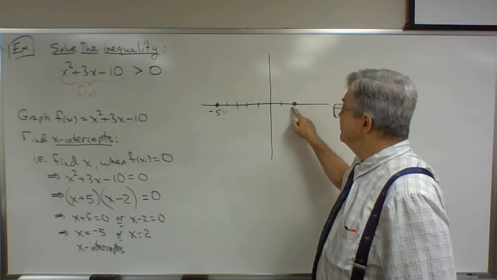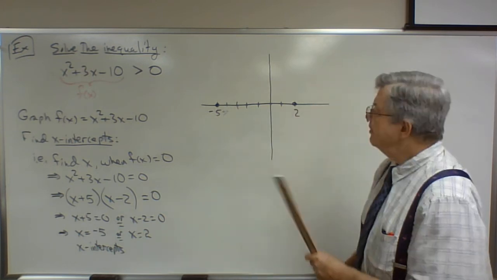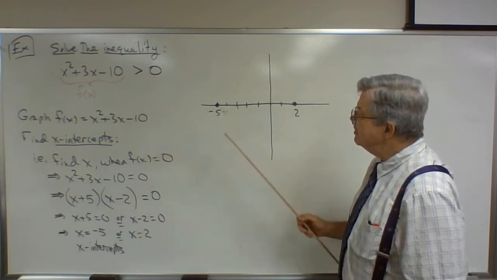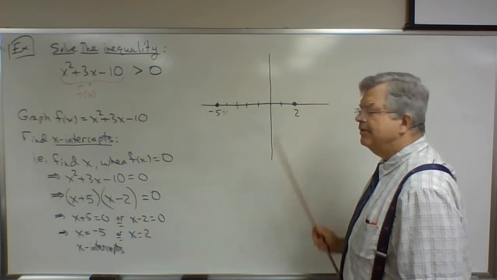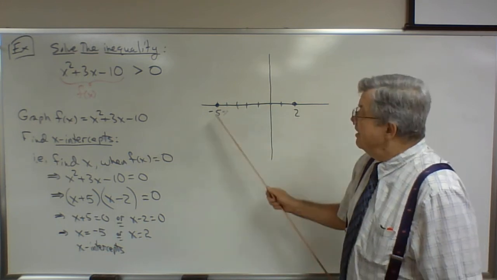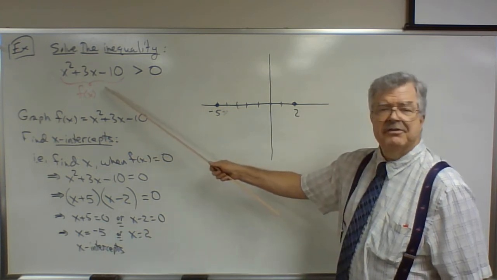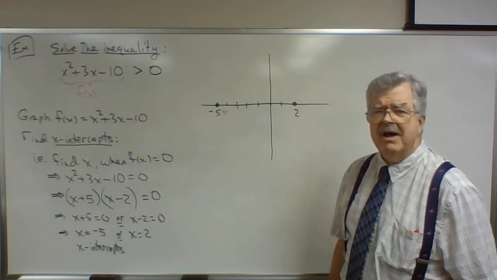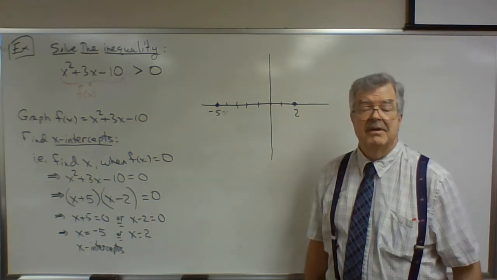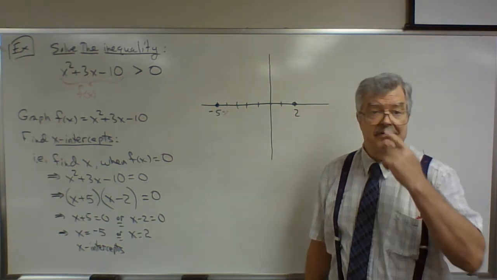And right where this quadratic function changes from being positive to negative or negative to positive, that's where the graph intersects the x-axis. So these 2 points, x equal negative 5 and x equal 2, the x-intercepts, these are the points where our f of x is going to change sign from positive to negative or negative to positive.